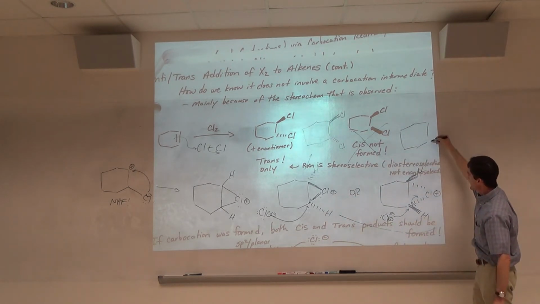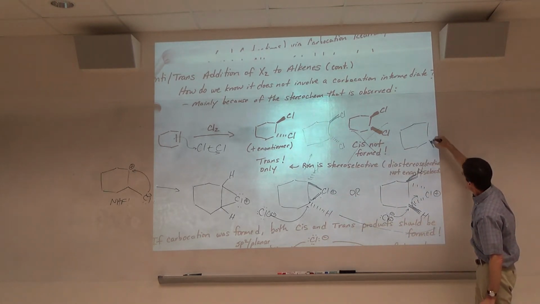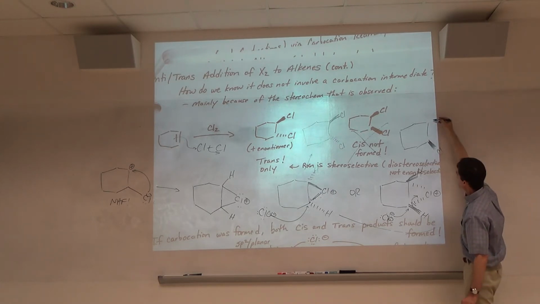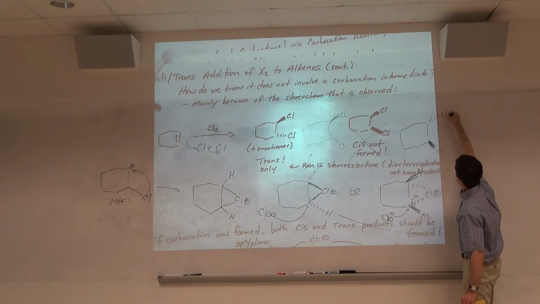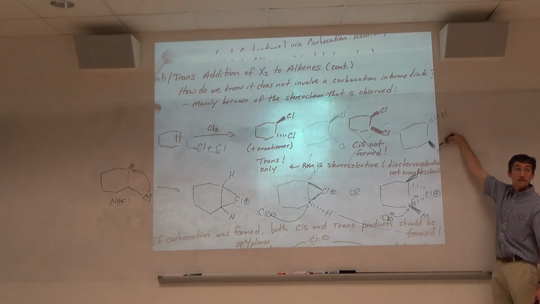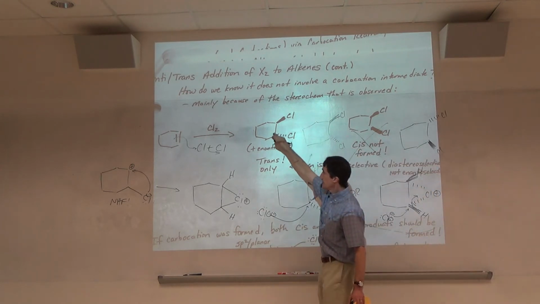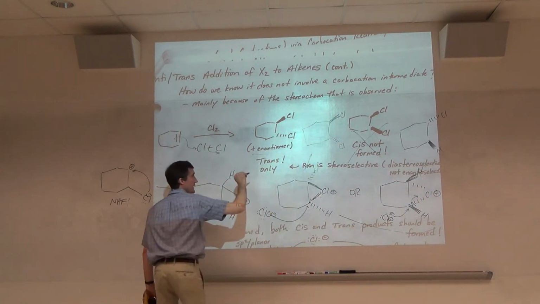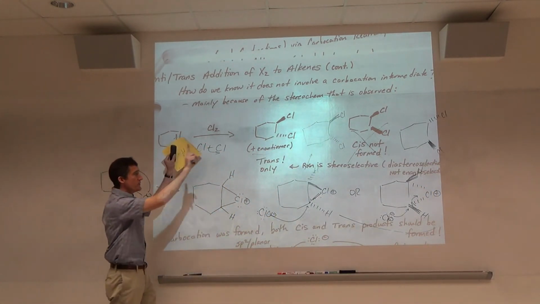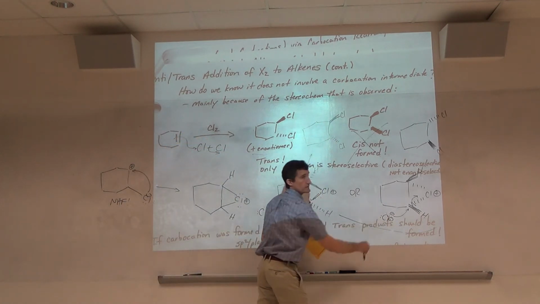How would the chlorine be down here? It'd be bold, and up here it would be dashed. But lo, it's also trans. That's actually the enantiomer of that. So when I say plus enantiomer, you get both of these. Why do you get both of these? Because you got both of these.